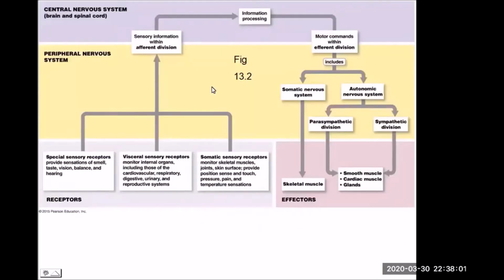So taking a look at the function of the nervous system, here's a great figure in the textbook. And we're going to start by going over just these terms here, what's called sensory, and another word for sensory, a synonym, afferent. And then the opposite, you see here, motor or efferent.